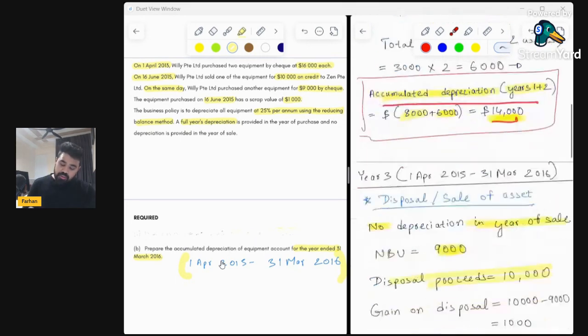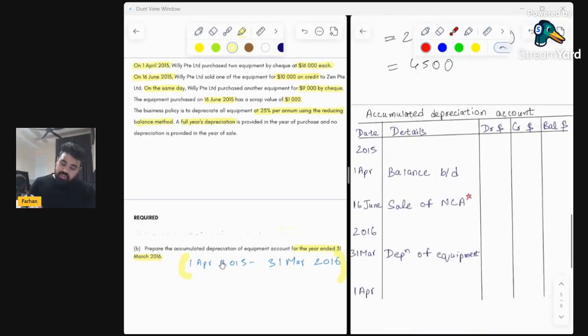All right. So we know the amount is $14,000, which is the opening balance on 1 April 2015. But where should we report this? Should we report this as a debit or a credit? Always remember that accumulated depreciation in itself is a contra asset account, which means that this is an account which records the reduction for a relevant non-current asset account, and the relevant non-current asset account in this case is the equipment account.